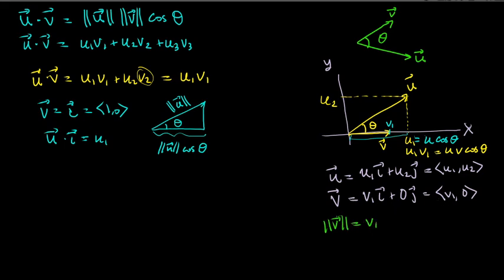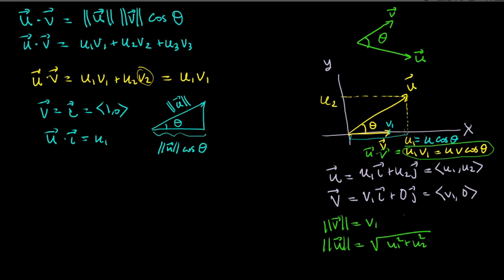That's the length of the vector v. And the magnitude of u, of course, is the square root of u1 squared plus u2 squared. But when you're taking the dot product, you're just getting the component. So at least in this form, this should be the dot product of u and v.